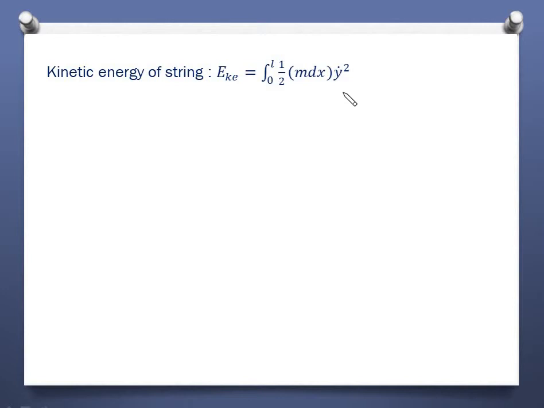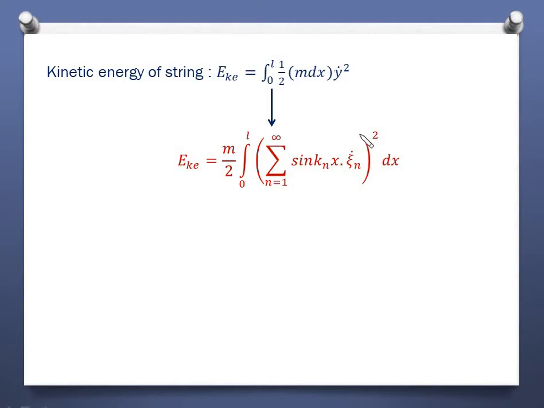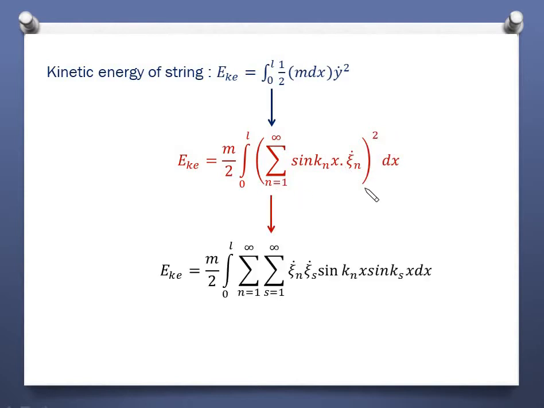over 0 to L. Now substitute the values, so we are substituting y dot here. As it is a square, we can write it 2 times. So we will have m over 2, integral from 0 to L. Now we are using two indices, n and s, one as n and another as s indices.